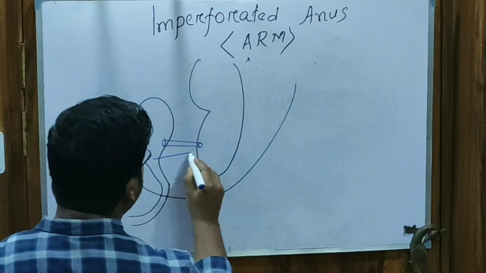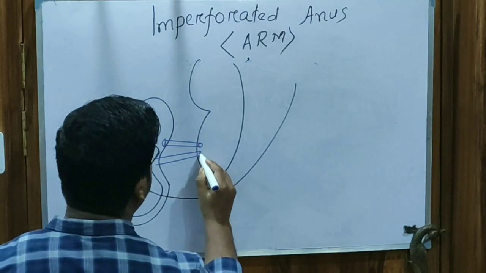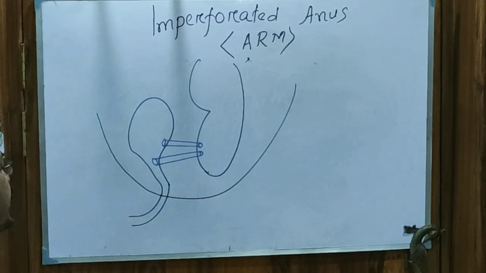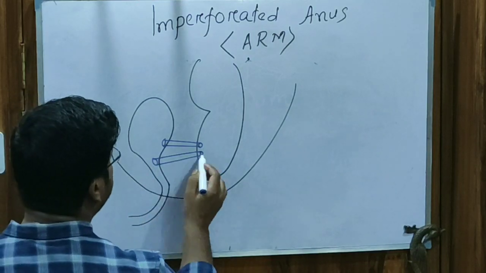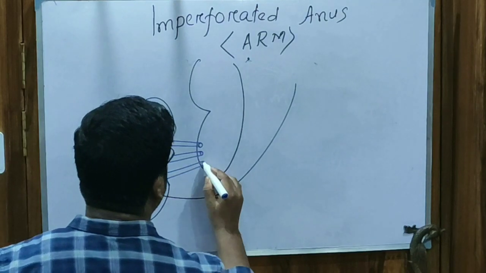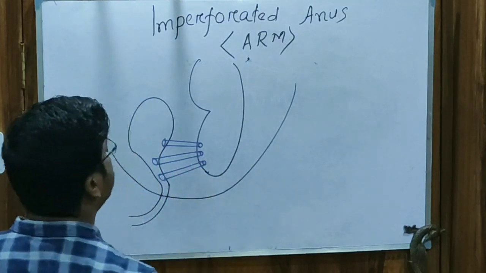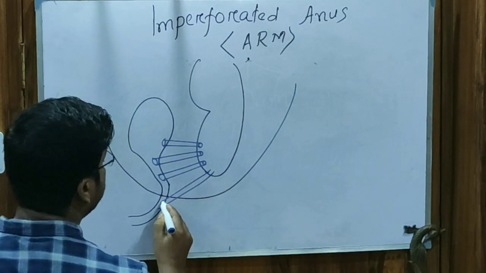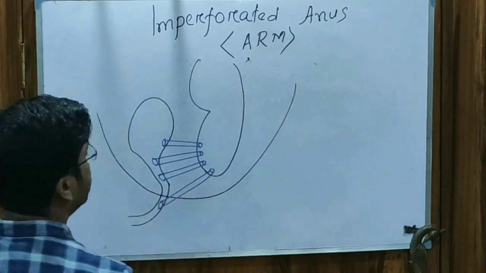This is called rectovesical fistula. It may communicate with the bladder neck. It is a very complicating and very serious complication. Communicating with the bladder neck, communicating with the prostatic urethra, or communicating with the bulbar urethra.